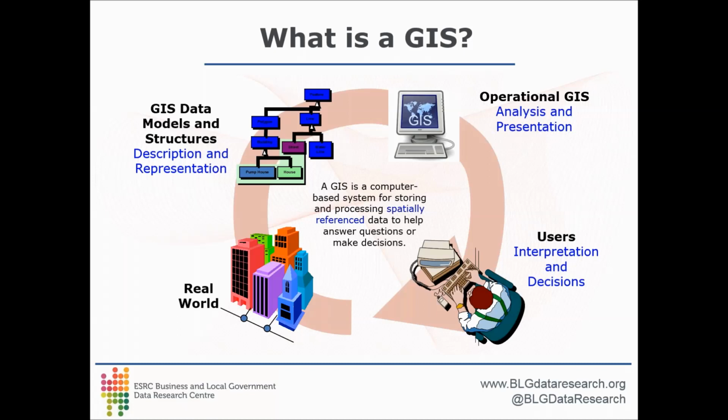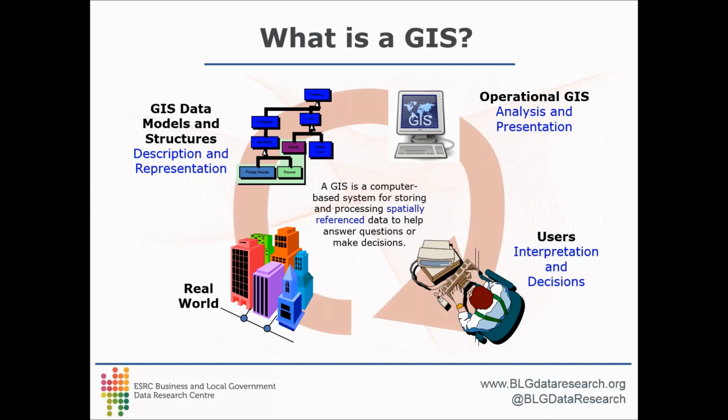So without further ado, what's a GIS? Well, this is a diagram taken from the textbook by Paul Longley and colleagues, which I think summarizes quite effectively the circle of data processing and decision making that we go through with a GIS. So essentially we have different sorts of real world features which we want to encapsulate information about.